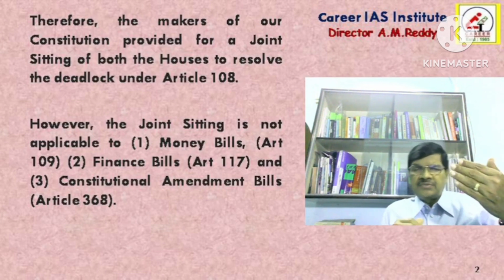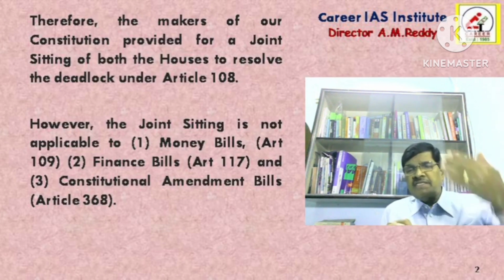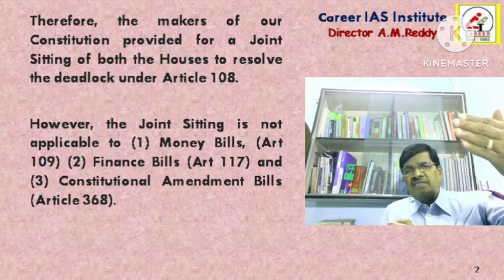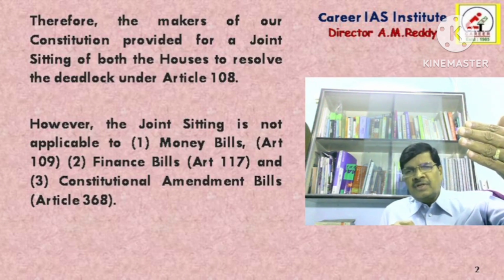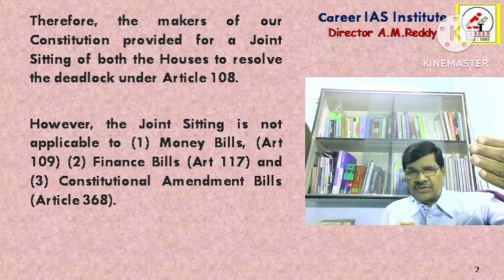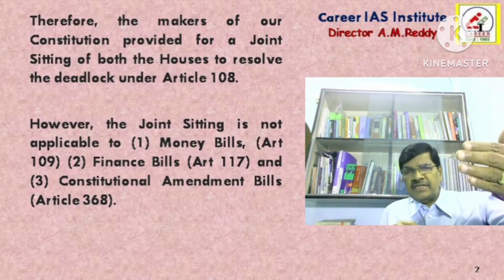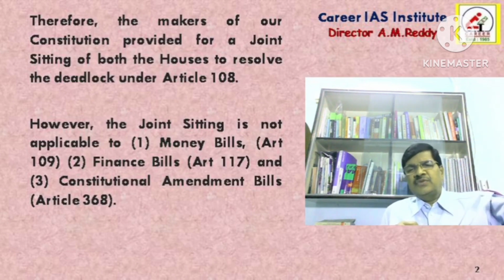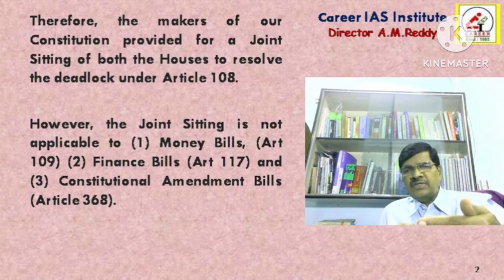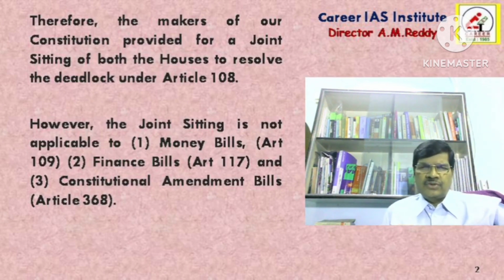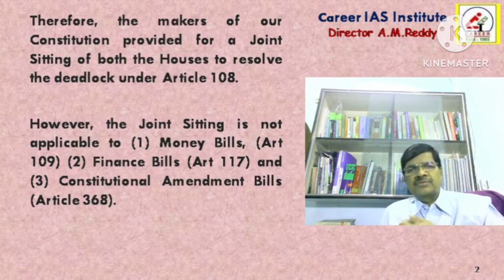So this is what 108 says: what are the circumstances which result in a constitutional deadlock, and how this constitutional deadlock can be resolved. Conditions we have seen, and the solution is a joint sitting of both the houses of Parliament.